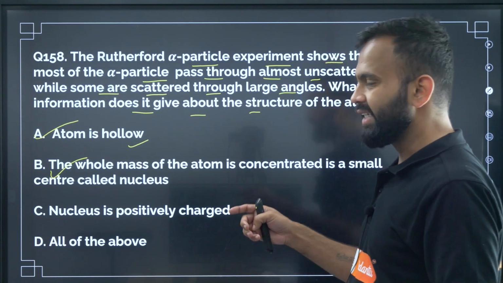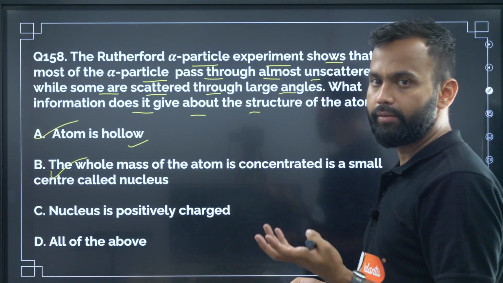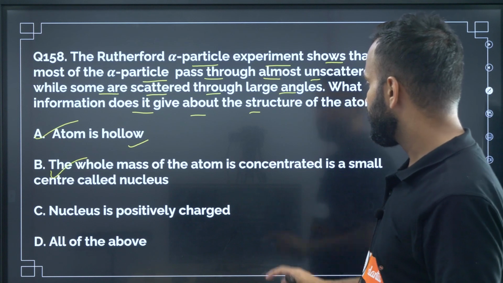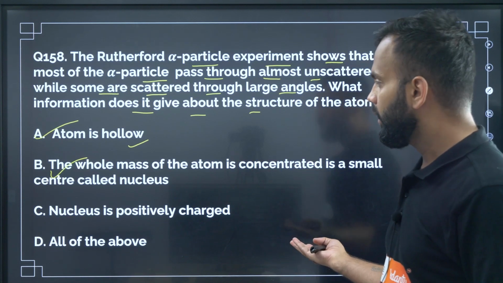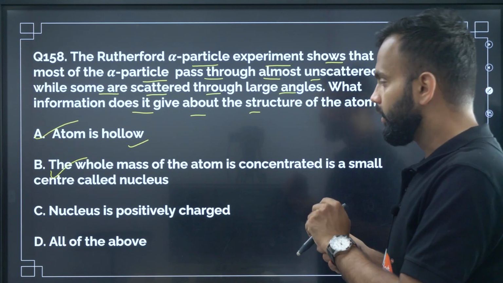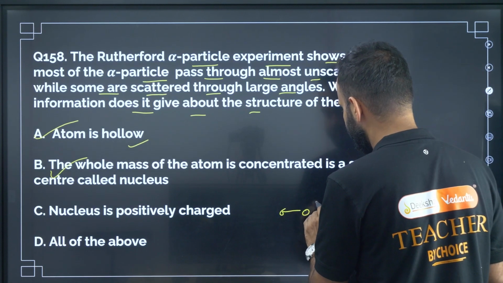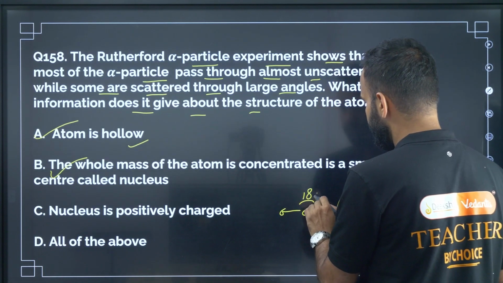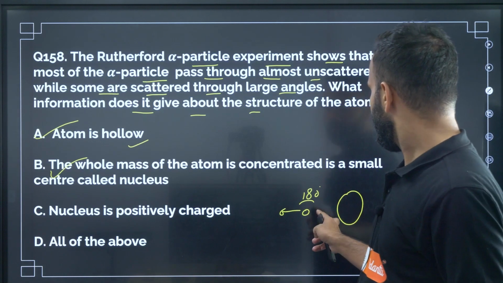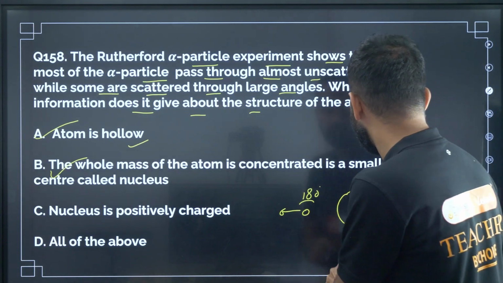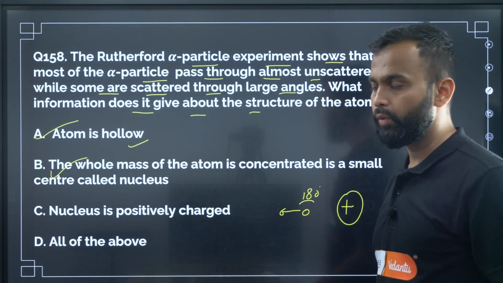Option C, the nucleus is positively charged. Correct, right? Here some of the alpha particles were scattered by 180 degrees. This indicates that the nucleus is positively charged. How?